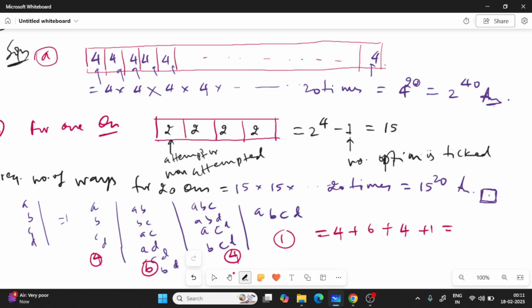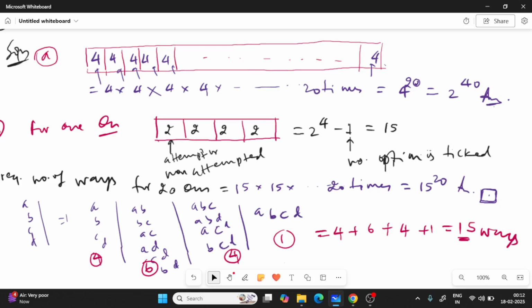So to answer a single question, you can clearly see there are 15 ways possible. So for one question, you have 2 to the power 4 minus 1, that is 15 choices available.